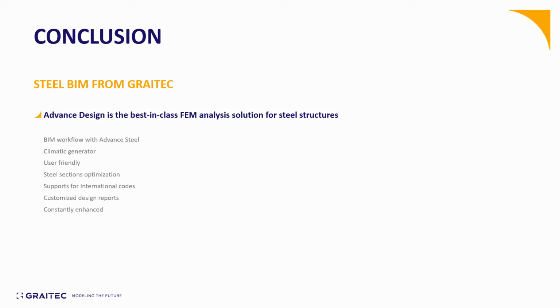We went through steel section optimization and how to check them, and how Advanced Design is able to automatically modify your sections. We checked the codes, specifically for North American codes, and we saw that Advanced Design can perform all of those checks for North American codes.